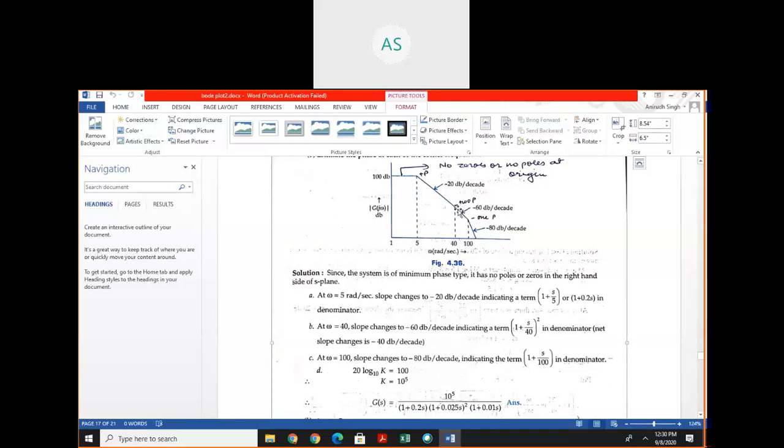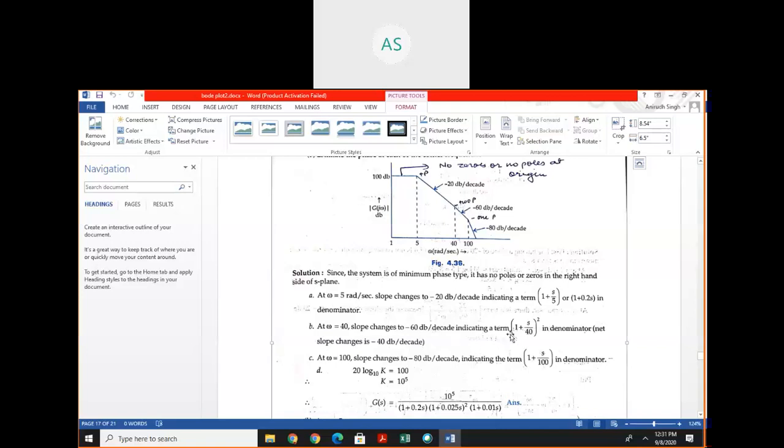Then the second corner frequency is 40 radians per second, and the change in slope is from minus 20 to minus 40. It means that there is a change of slope of minus 40 dB per decade, which means two poles are added at this corner frequency.